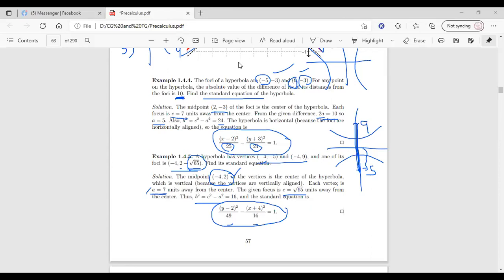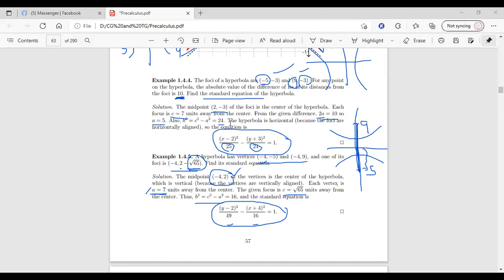Sinanggote. Are you present? Yes, sir. Okay. How do you know that the transverse axis of a hyperbola is vertical? If the x is positive, sir.